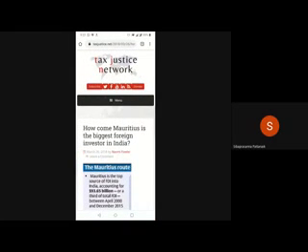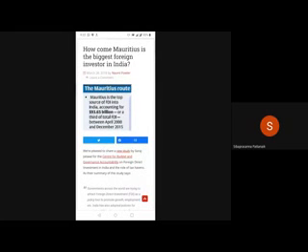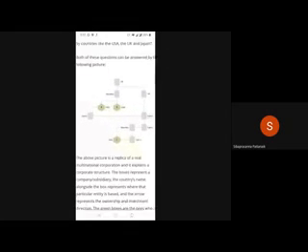Sir, is it visible? Yes, Tax Justice Network. Sir, the basic detail is shown in this graph.